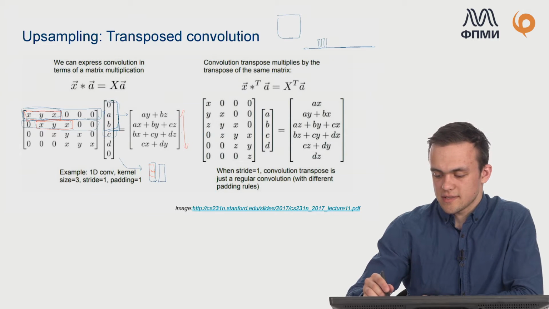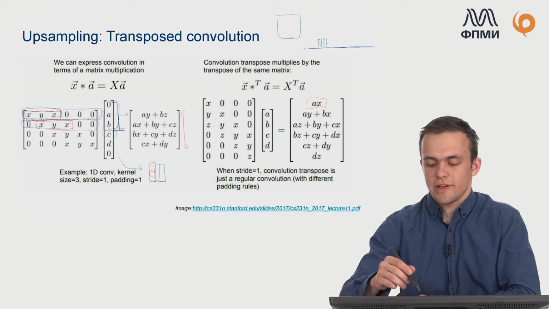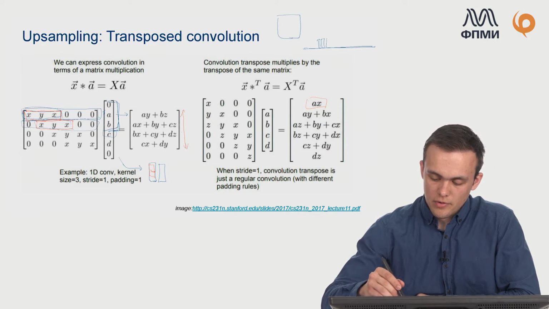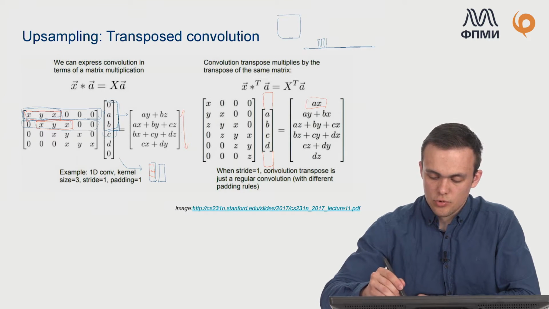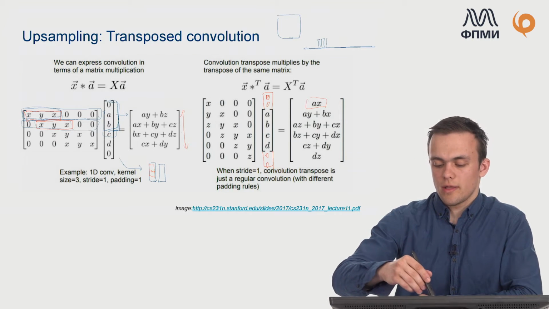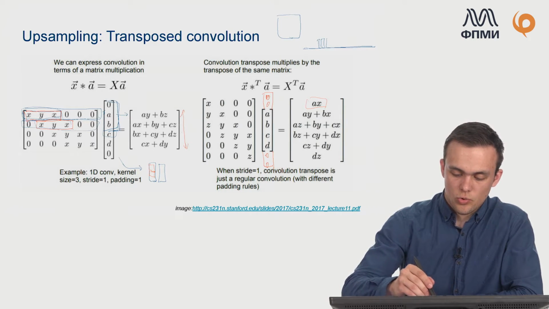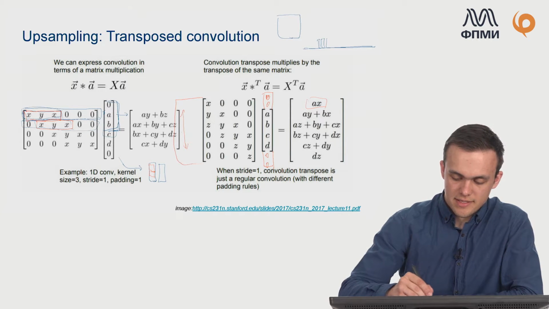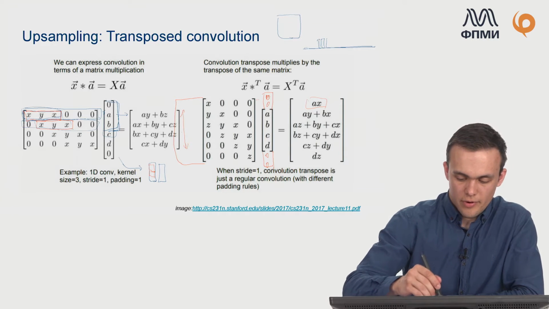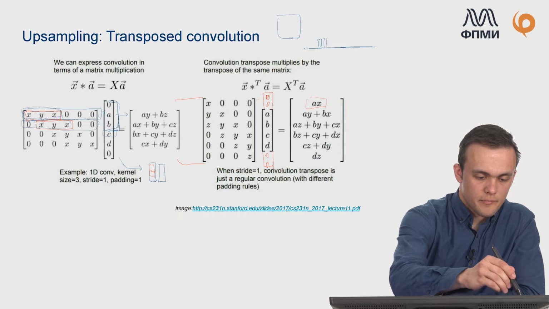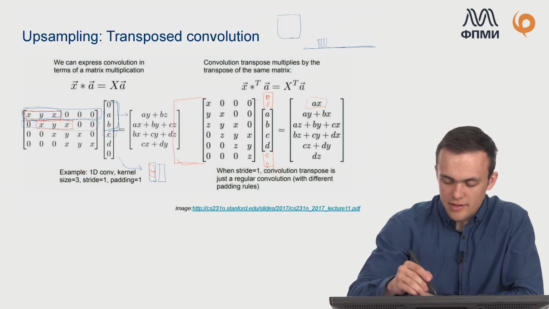And here is the analogous situation when you pad these small vectors with two other zeros, and this corresponds to a slightly wider matrix. I don't know if my drawings are clear, but yeah.